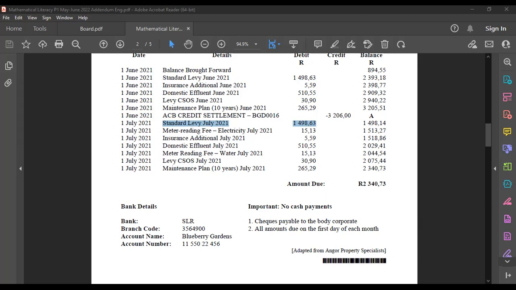You see that? So after that, we shall multiply this by 11. So you add up this amount of money here.